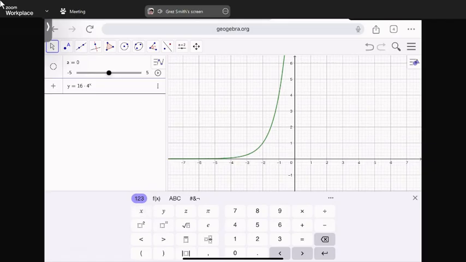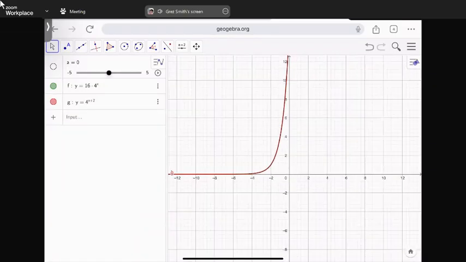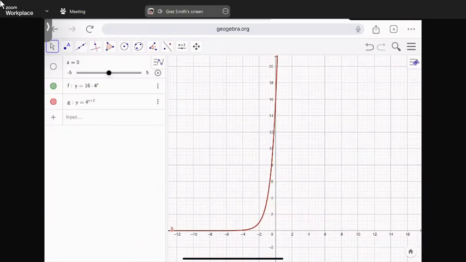There's that one. And we want to see, is that the same as y equals 4 to the x? Was it minus 2 or plus 2? It was plus 2. Ooh, look at that. They're the same functions.